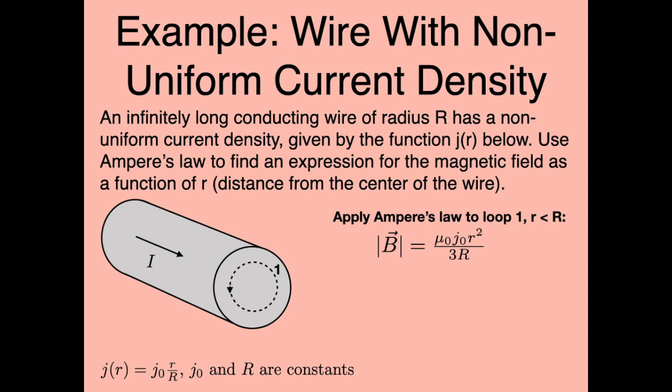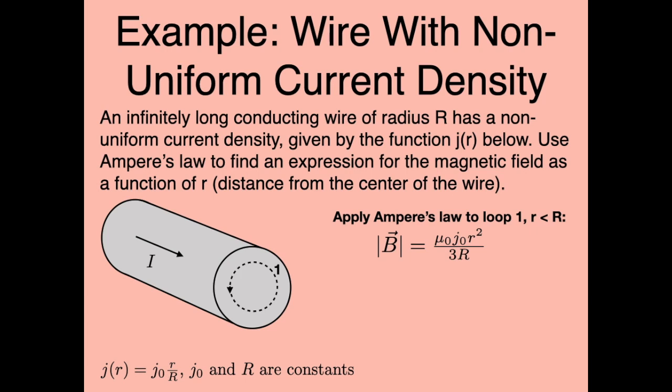And so the answer is the magnetic field strength for this loop is equal to mu naught times J naught times little r squared divided by 3 times big R. Now, just keep in mind that everything in this expression is a constant except for little r. What is that telling us? Well, we have little r squared on top. It's telling us the magnetic field is increasing with distance from the center as r squared as long as we're inside of the wire.